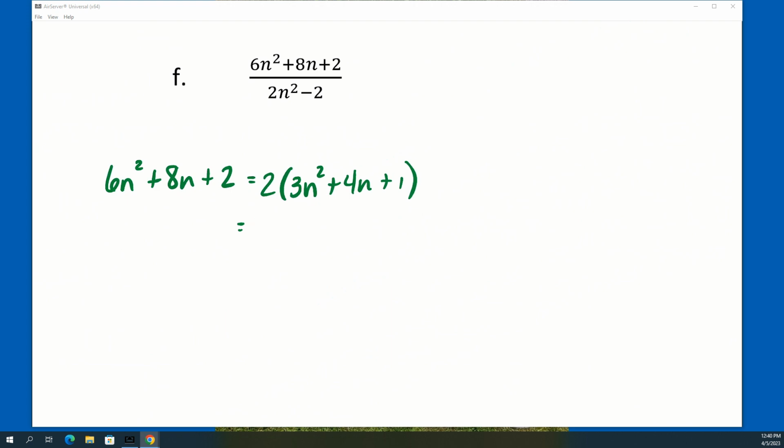Oh my goodness. All right. Now, inside of those parentheses is a trinomial, and there is a number in front of the n squared. So to factor it, I'm going to do slide divide bottoms up.